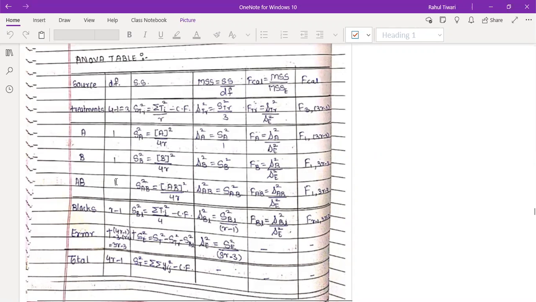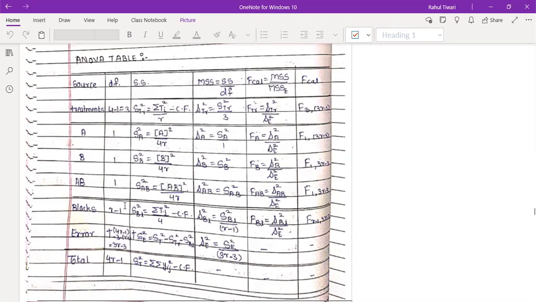So 1, 1, 1. If you add these three, you get the total treatment. So to make a source for treatment, add the main effect A, main effect B, and interaction effect AB, and you will get the treatment total.